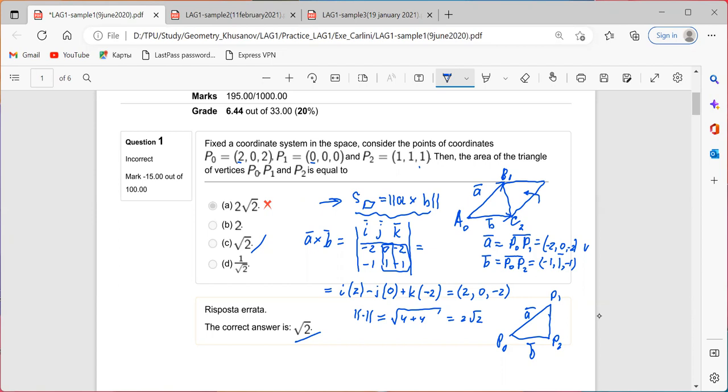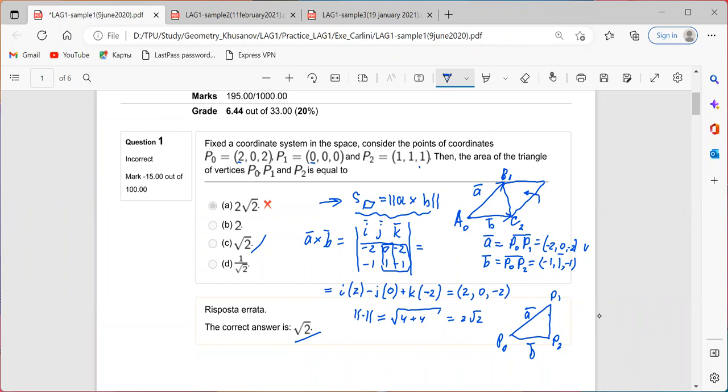And the requested area of the triangle P0, P1, P2 is just half of this area of the parallelogram. That's why we have to compute the cross product, the norm of this product, and divide by 2.